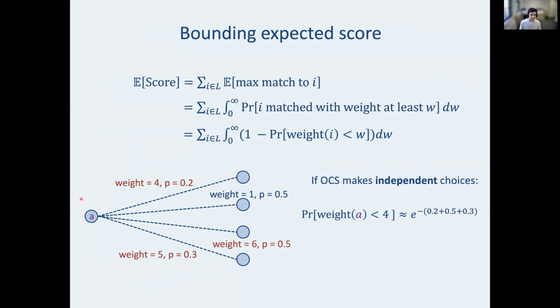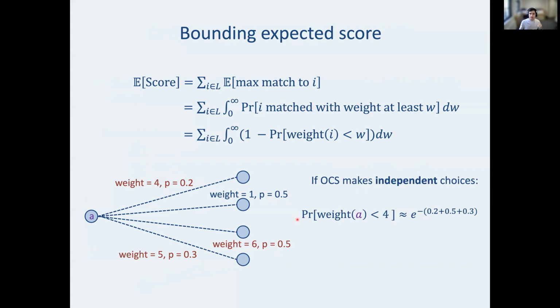So let's say this is the input graph. And there are multiple offline vertices here, but we're just going to isolate one offline vertex and look at the information the OCS has received about it. It doesn't actually know the weights, but the OCS has been told the first edge, pick A with probability 0.2, then probability 0.5, then 0.5, then 0.3.